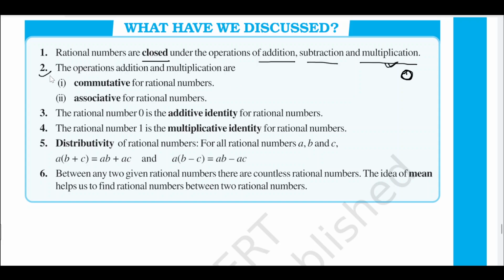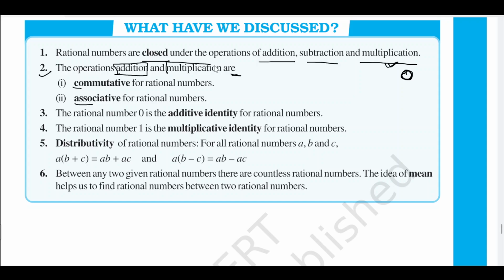Then the second important point that we have learned so far: the operations addition and multiplication are commutative and associative for rational numbers. We have seen that in the table.